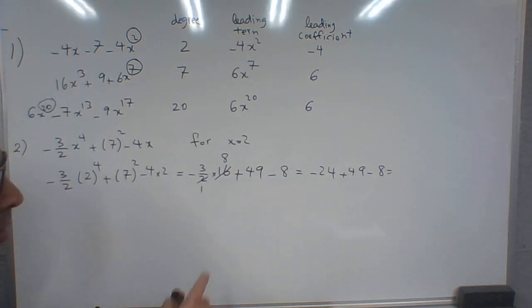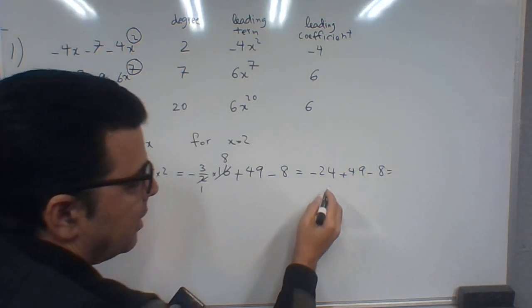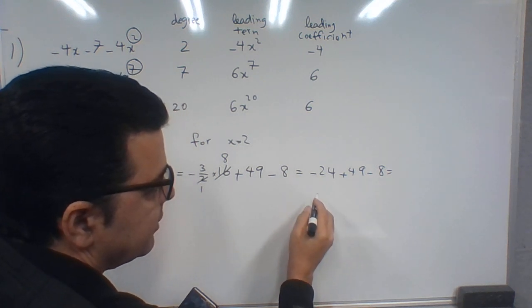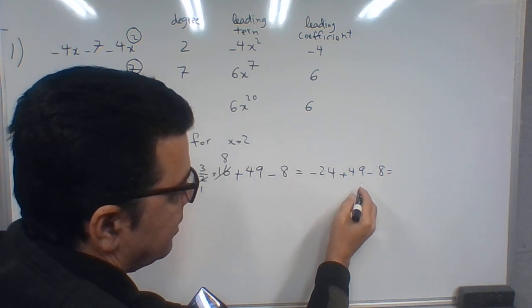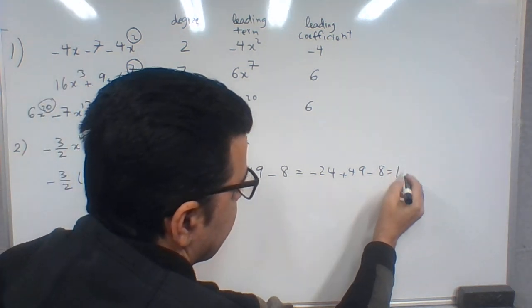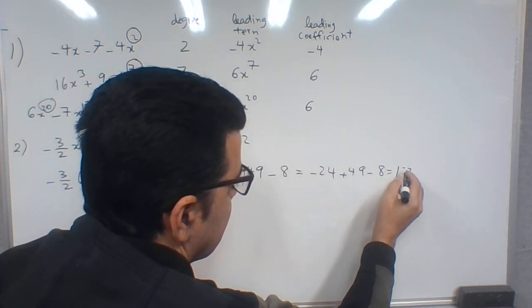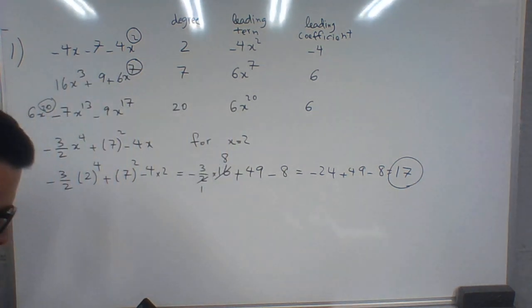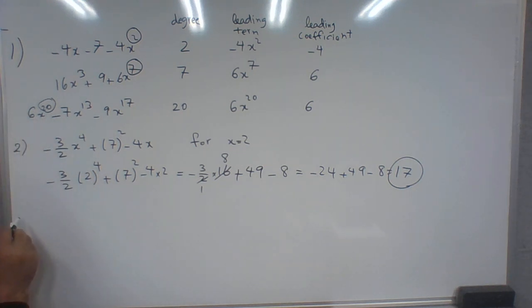And all these together, I can check negative 24, negative 8 is negative 32. 49 minus 32 is 17. So this is the final answer. Okay, this was problem number 2. Let's do problem number 3.